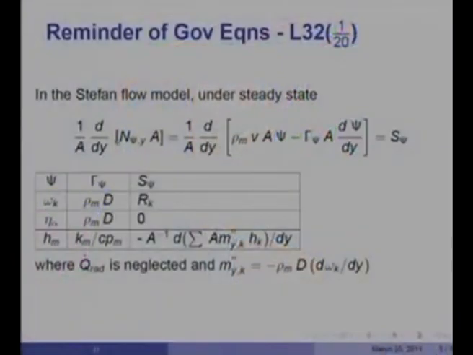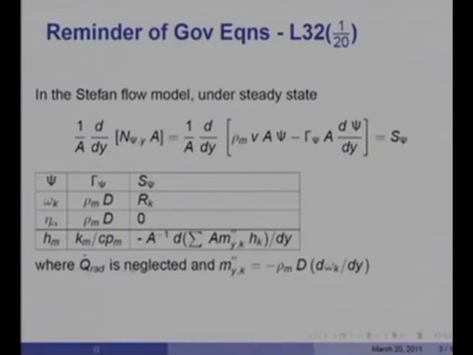As you will recall, under steady state, the mass transfer equation would be something like this, n psi y a equal to all that, and psi can stand for the mass fraction or element mass fraction or enthalpy.